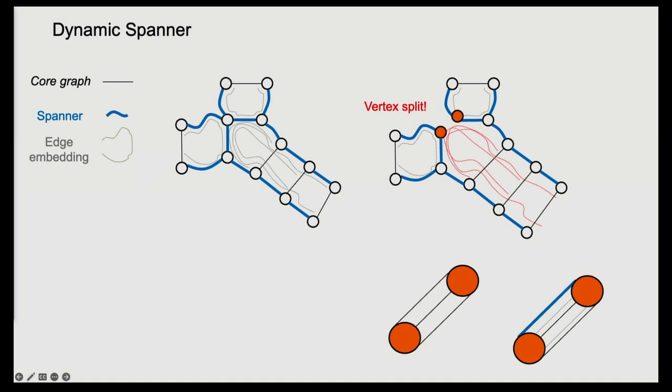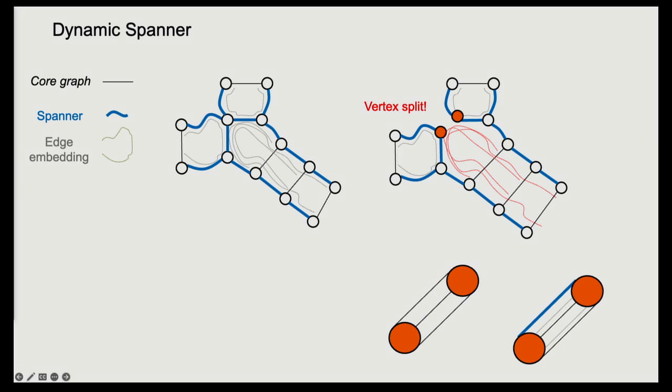That puts its end at the top orange vertex, for example. Then I move the other end of the edge along its embedding path until it hits an orange vertex again. And now the edge sits on that orange pair of vertices. So I'm moving the endpoints along the embedding paths until I hit the orange vertices.